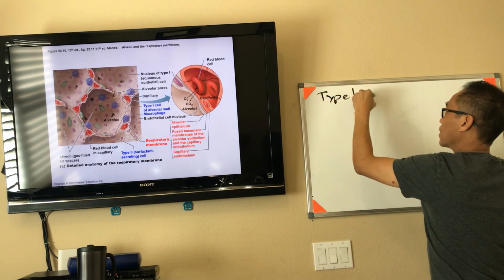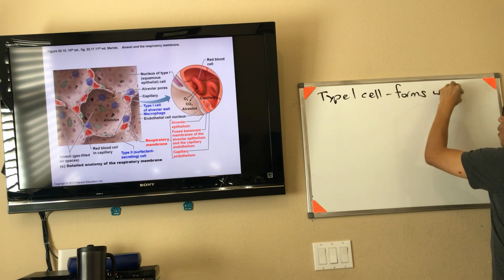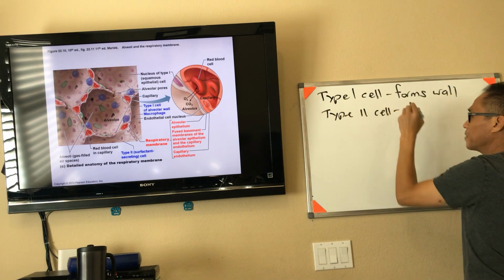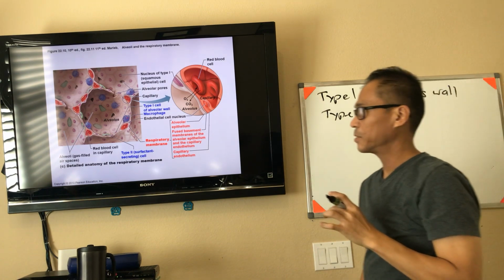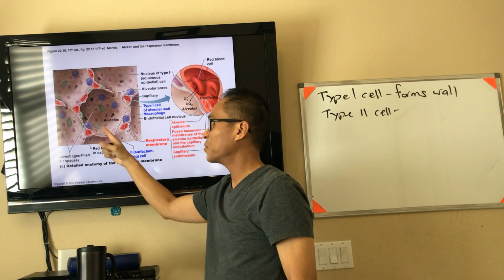So the type 1 cell forms the alveolar wall, that is. Type 2 cells are surfactant secreting cells, right there. They're more round. They used a color green there.